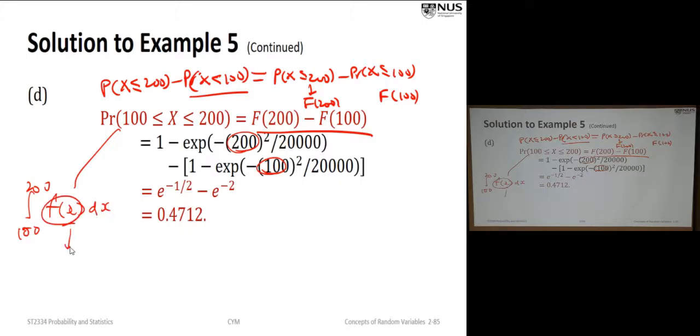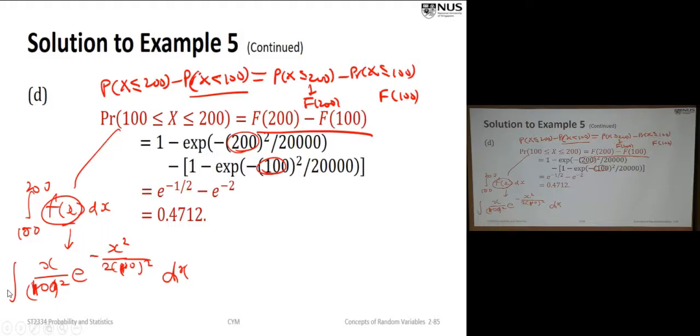And this is x over theta square, which is 100 square, times e to the power minus x square over 2 times 100 square, dx.